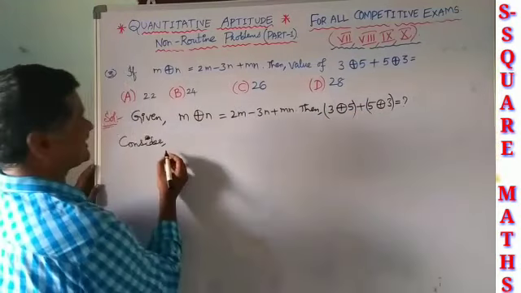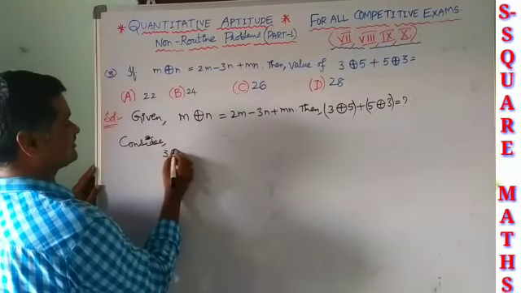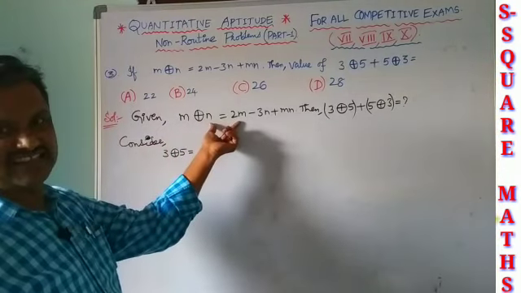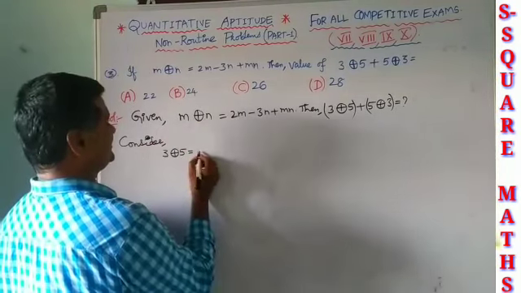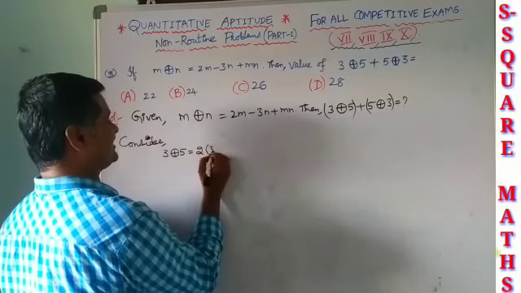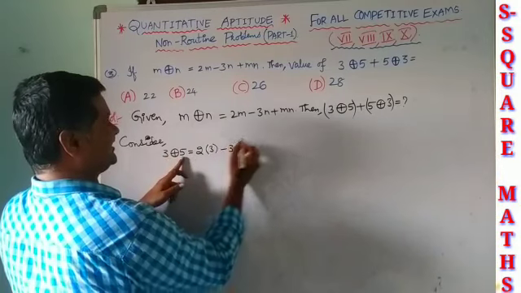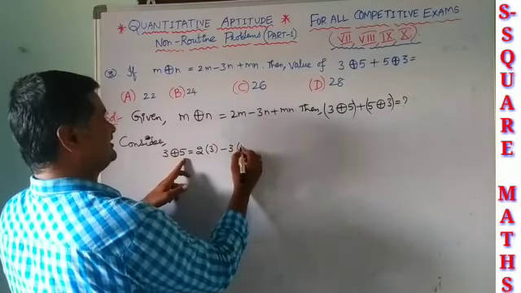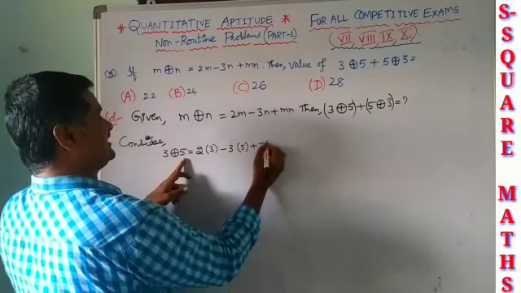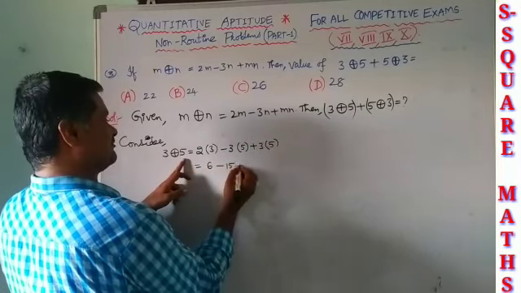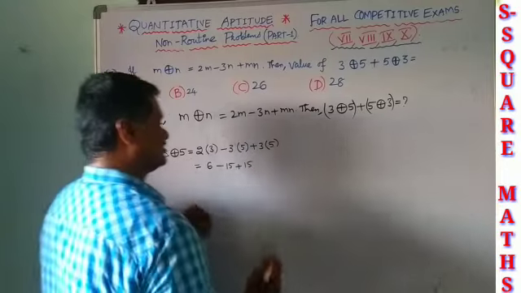So now consider 3 circle plus 5. This is in the form of m circle plus n, where m is 3 and n is 5. So 2 into 3 minus 3 into 5 plus mn, that is 3 into 5. 2 threes are 6, minus 3 fives are 15, plus 3 into 5 is 15.